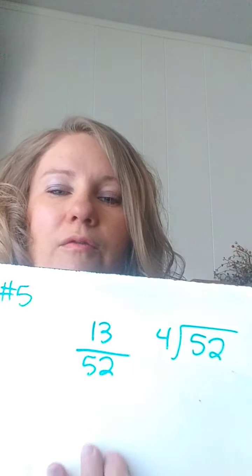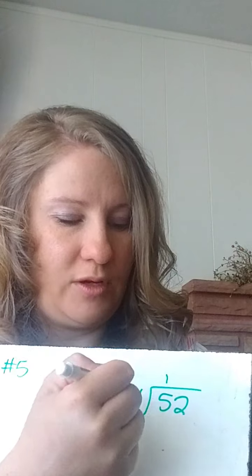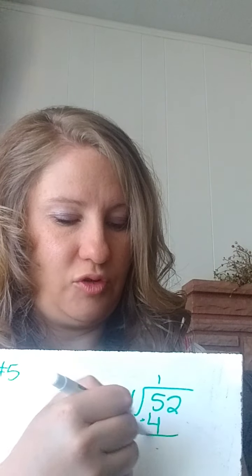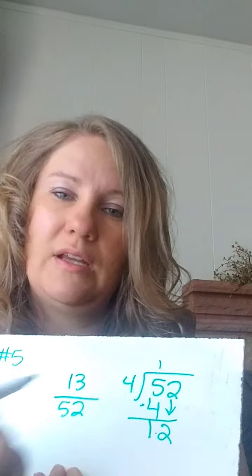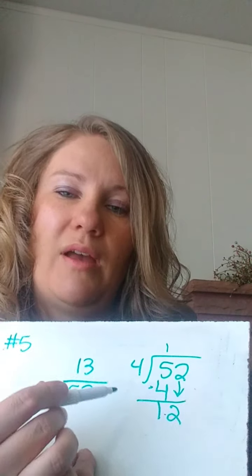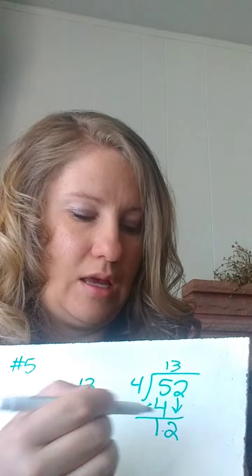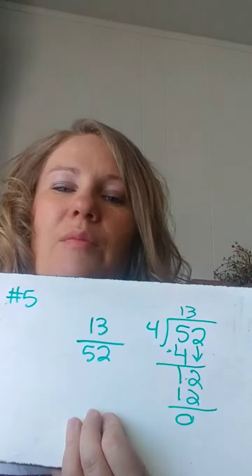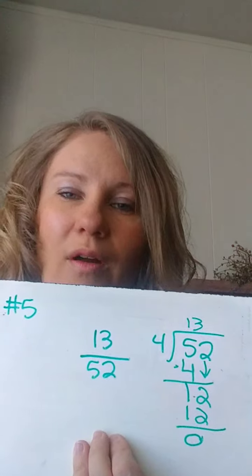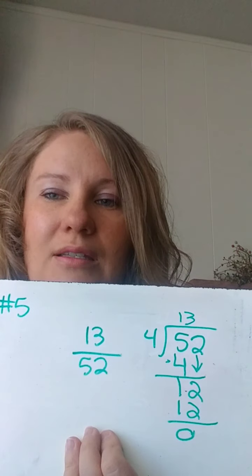So 52 divided by 4. 4 goes into 5 one time. 1 times 4 is 4. We'll subtract. 5 minus 4 is 1. Bring down our 2. 12 divided by 4 is 3. 3 times 4 is 12. So our answer is approximately 1/4 of the deck is hearts.